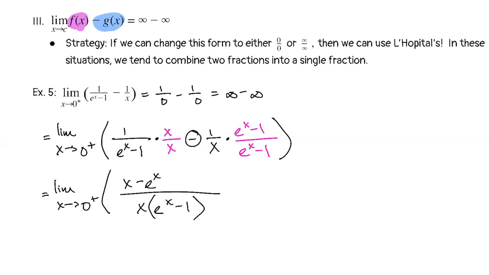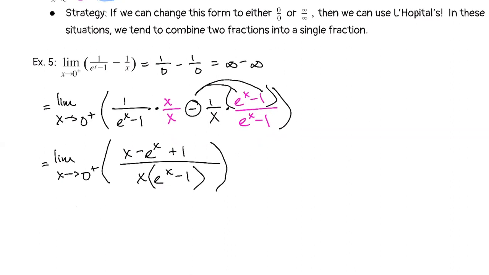This negative sign, you have to distribute to the e to the x and that minus 1. So that's why we end up with a plus 1 on the end. Those little fine mistakes, you've seen me make them a lot. I want to make sure those are ones we try really hard not to make. So let's plug in 0 and see what happens. I end up with 0 minus 1 plus 1 over 0 times 1 minus 1, which is 0 over 0. So by combining these into a single fraction, we were able to get it into a form where we can use L'Hopital's.